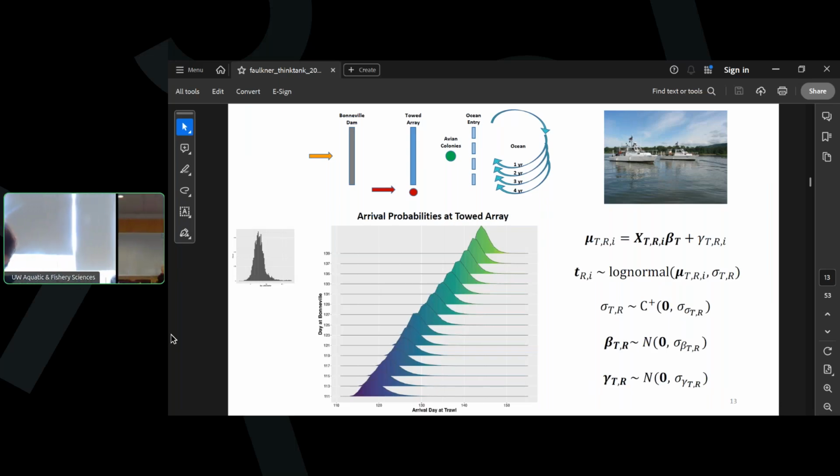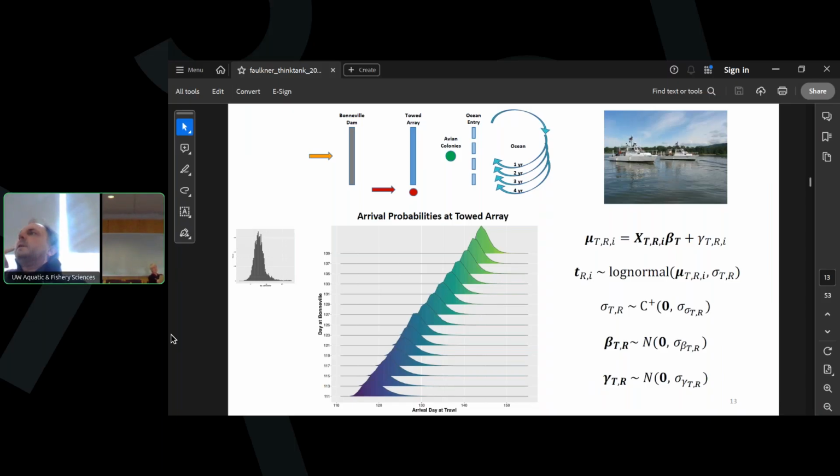The gamma is just a constant independent of the covariates by year. Basically a random effect for year. But is it identifiable if you don't have a trawl array other than the estimate of 0?